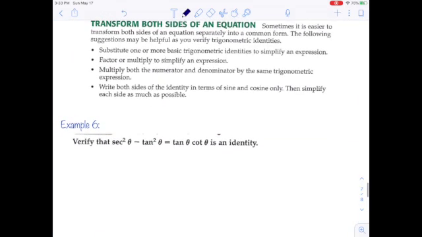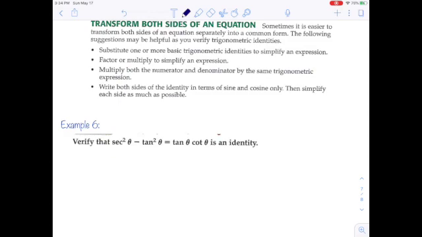Now, I'm going to show you how to meet in the middle. So when you need to transform both sides of an equation, sometimes it's easier to transform both sides of the equation separately into a common form. So the following suggestions may be helpful as you verify trig identities. You may substitute one or more basic trig identities to simplify the expression.